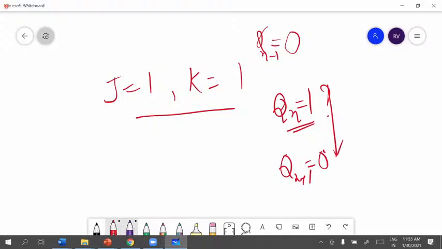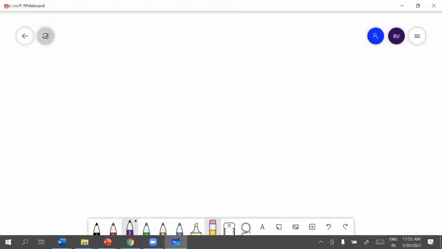This continuous toggle process is there in JK flip-flop, because if you observe the circuit of this JK flip-flop, I got this.